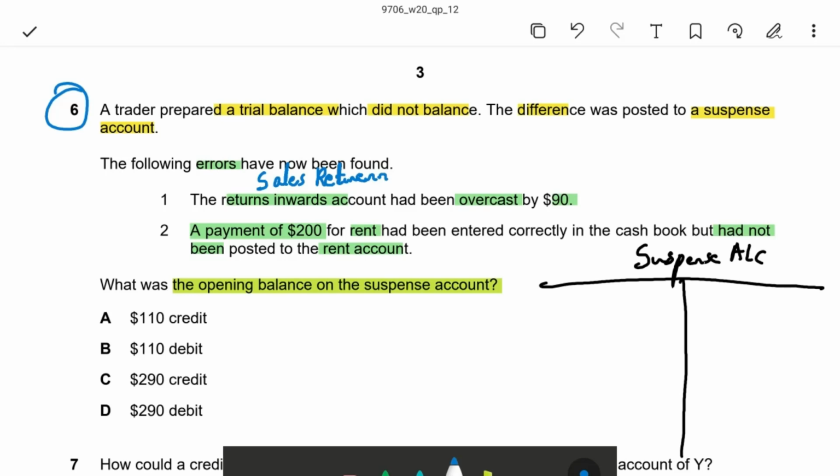The debit side sales return is overcast by 90. How to correct the error? Sales return is always on the debit side, so if it is overstated, you have to put it on the credit side. So on the credit side you write sales return.